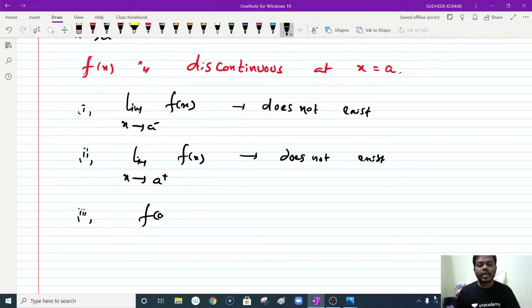Suppose f of a is not defined. In this case also f of x is said to be discontinuous, right?